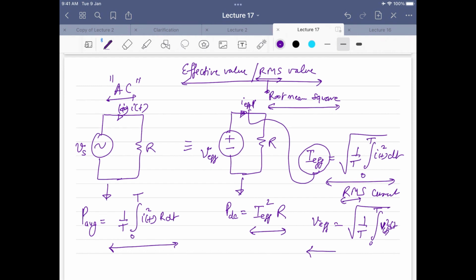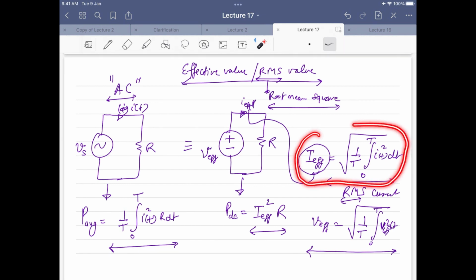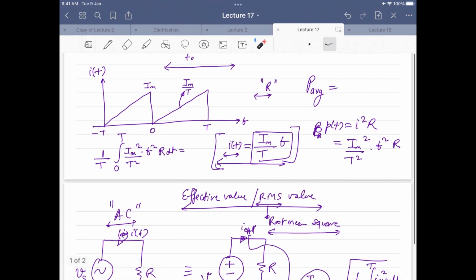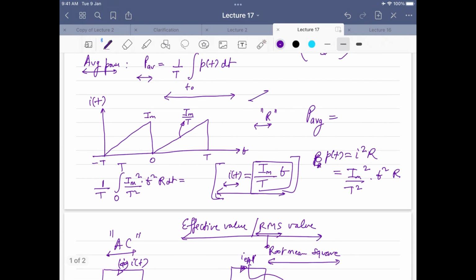So if I want to calculate the effective current I effective for this particular curve, can you give me the result? What will be the effective value? Im by root 2?